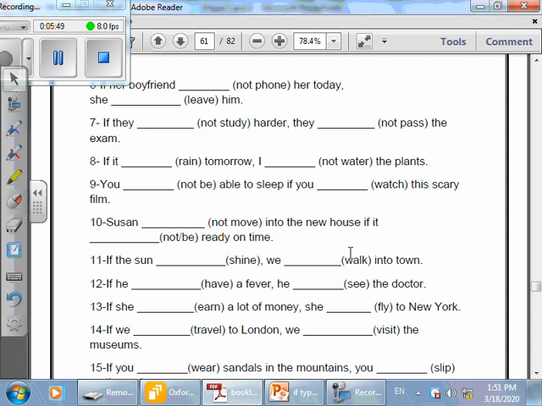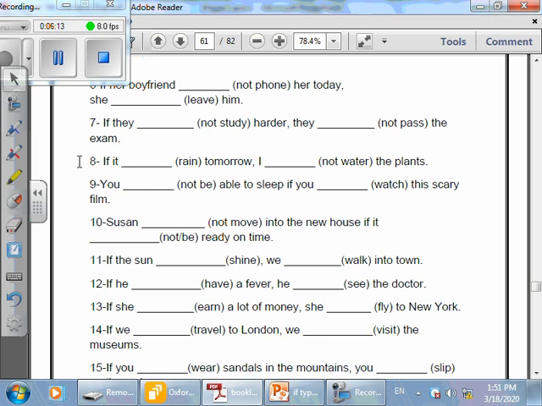If they not study harder, they not pass the exam. If they don't study harder, they won't or will not pass the exam. 8. If it rain tomorrow, I not water the plants.